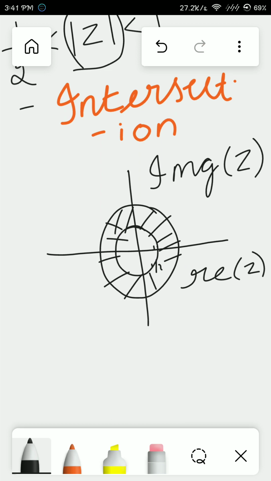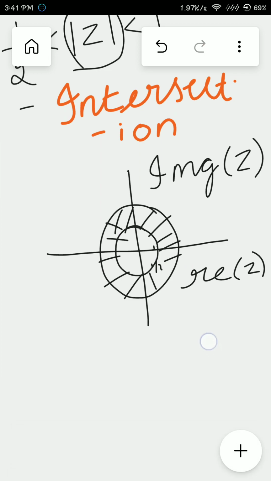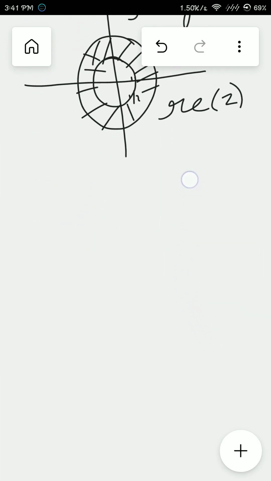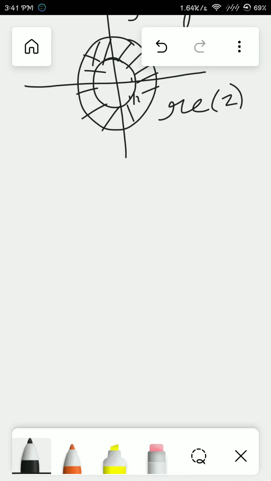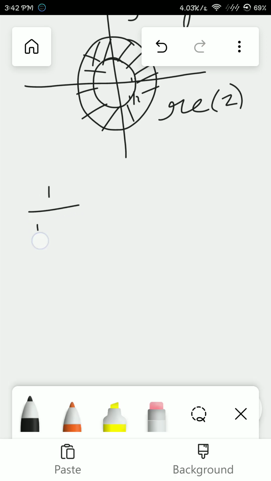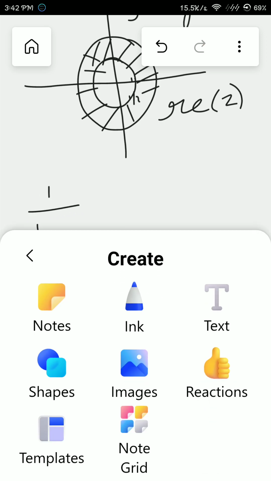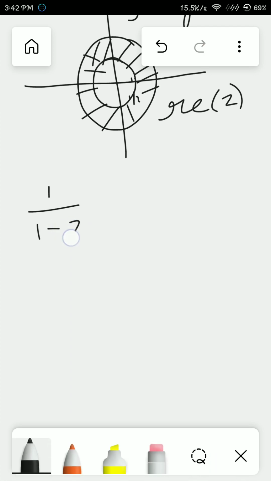Now we haven't got the resultant yet, right? So how do we get the resultant? We have got one equation like this: 1 divided by 1 minus z inverse, plus 1 divided by 1 minus 2 z inverse.